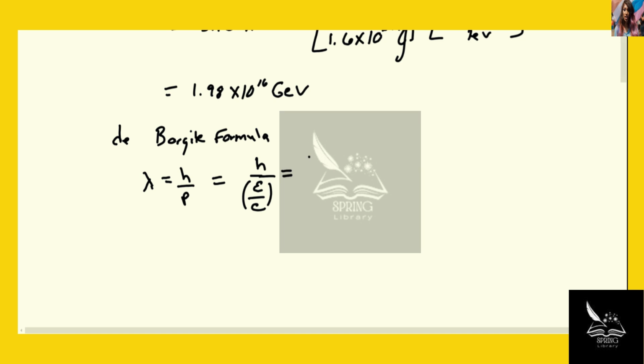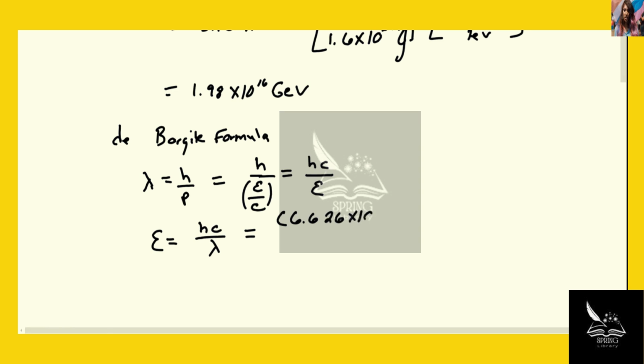That's where I'm getting it. And then it's going to be hc over the wavelength for E. And now we can solve for the E, Planck's constant times speed of light over the wavelength.